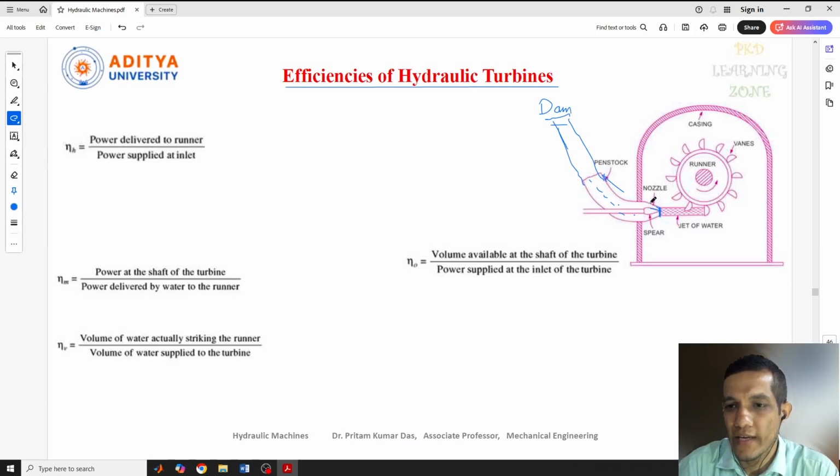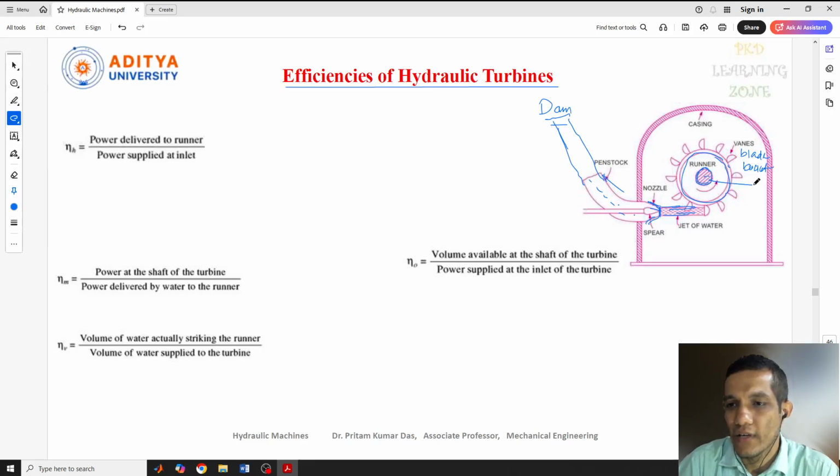The nozzle is there, so that high velocity water comes out of the pipe, and this velocity of water strikes the vanes, also called blades, or even buckets. These vanes or buckets are fixed on a runner.